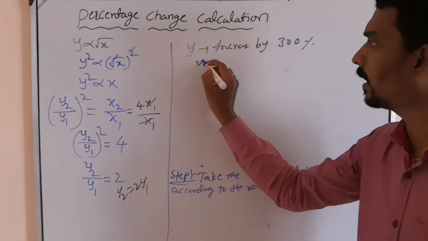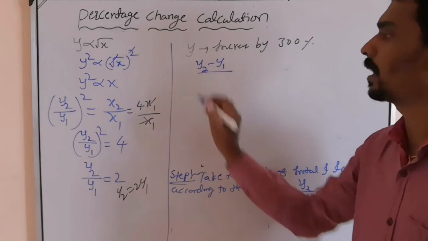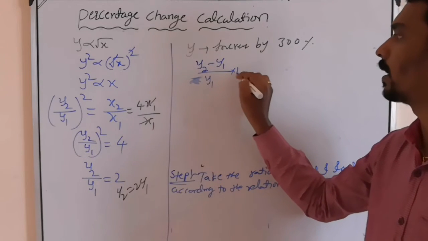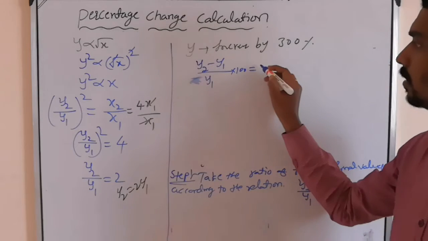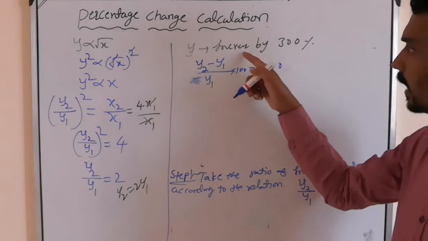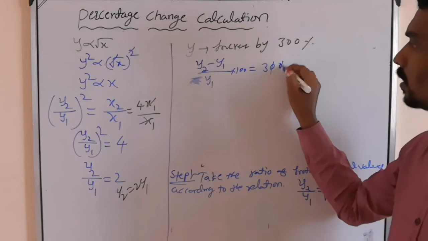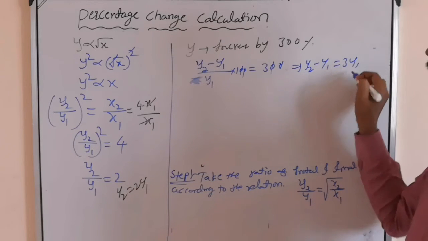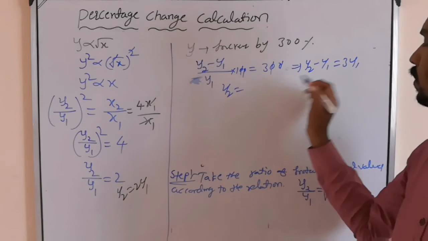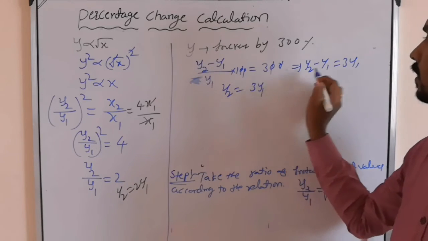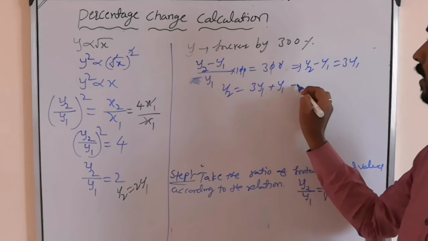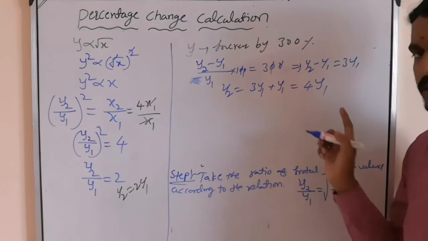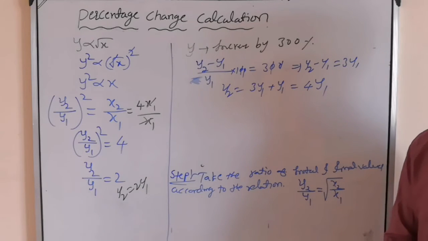Then you will take the immediate relation (y2 minus y1) by y1 into 100 equal to 300. Increased means plus. So the 0 cancels again. So y2 minus y1 equal to 3y1. So y2 equal to 3y1 plus y1, equal to 4y1. Now you got the relation between y2 and y1.